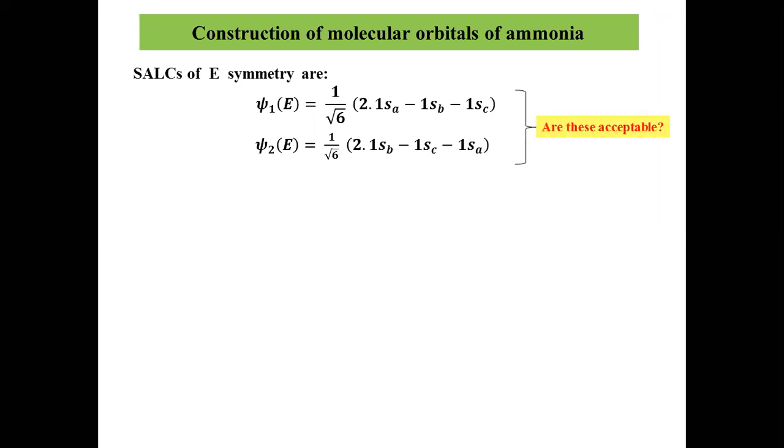Are these functions acceptable? Answer, of course, if you look a little bit carefully, is a big no. Of course, you might be thinking why I'm saying no, after doing so much calculation we got these functions, and then you are saying that these are not acceptable.